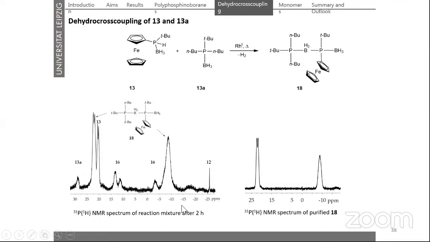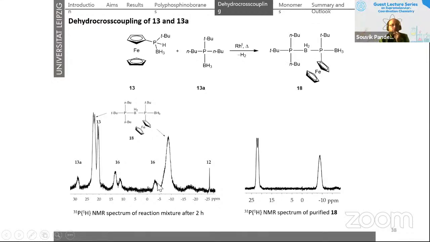See, this is the NMR we obtained in the beginning, phosphorus 31 NMR. Then from this, through column chromatography, we were able to separate out the pure compound, compound 18. And you can see these three peaks.